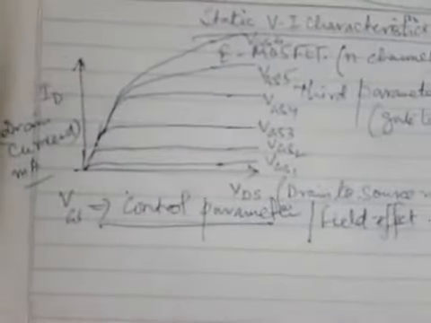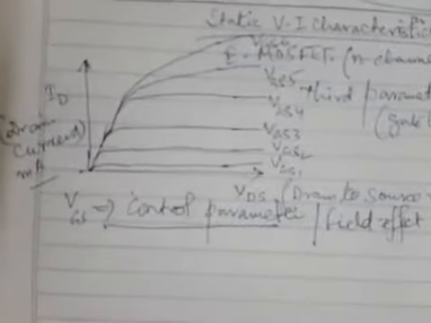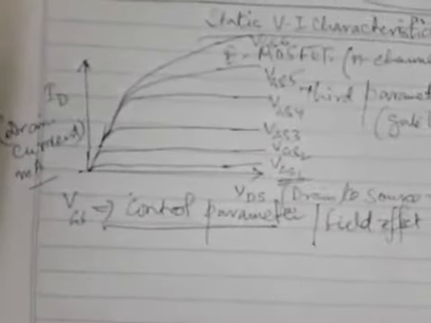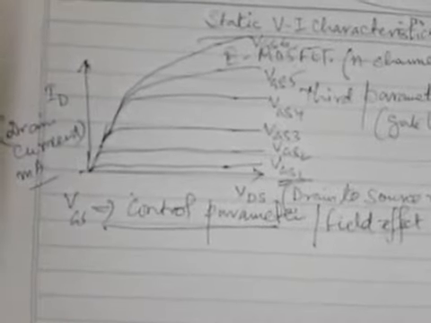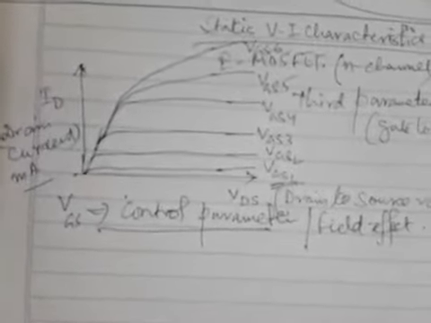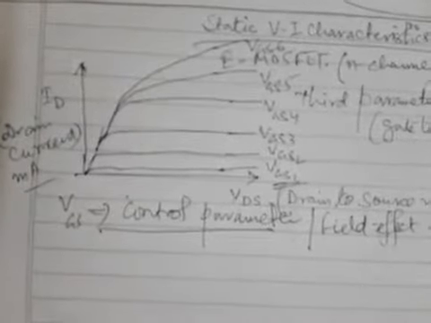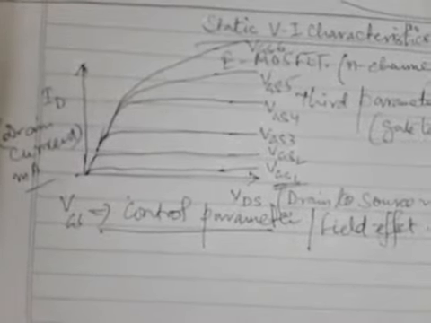Since it is an N-channel enhancement MOSFET, the minimum value for conduction by the channel, or conduction by the device, is called the threshold voltage, and that is the minimum value that should be taken by VGS, the gate to source voltage.